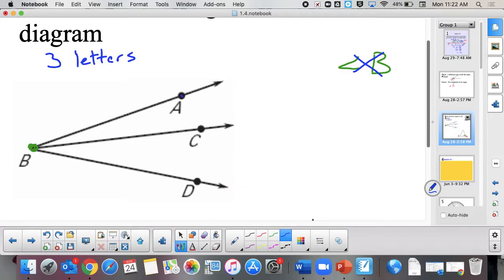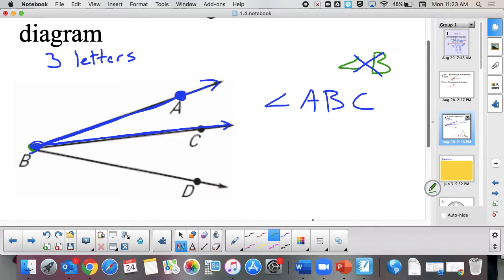If I look at our top angle that's here, to name an angle, essentially you need to name it by where you start. Well, I started at point A. Where do you go to? I went to point B. Where do you end? I went to point C. So that top angle is angle ABC.